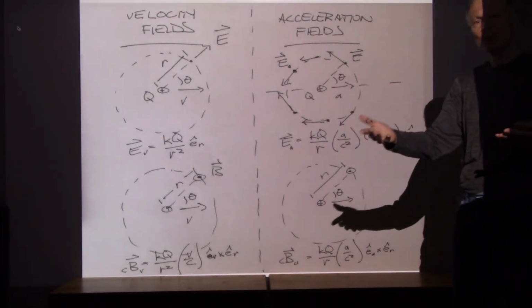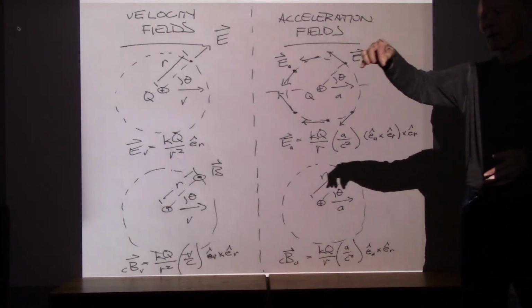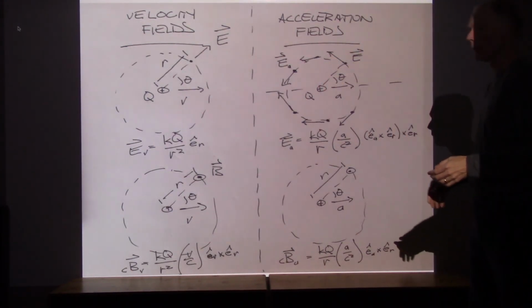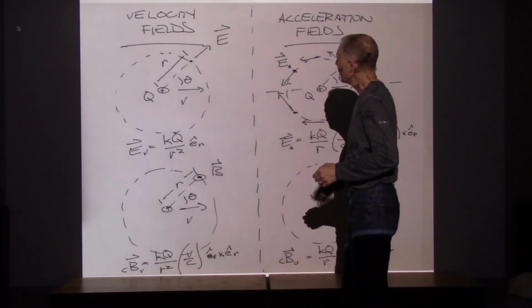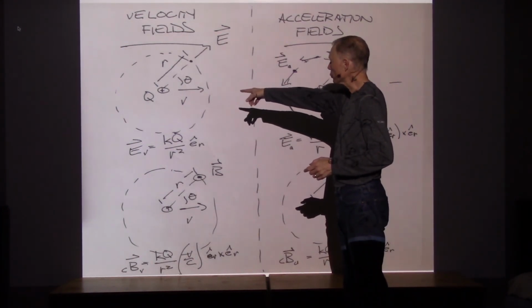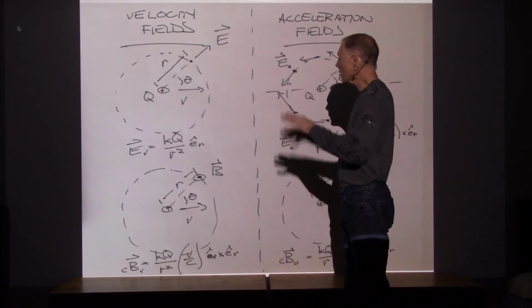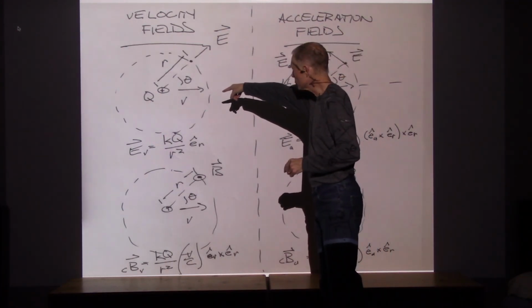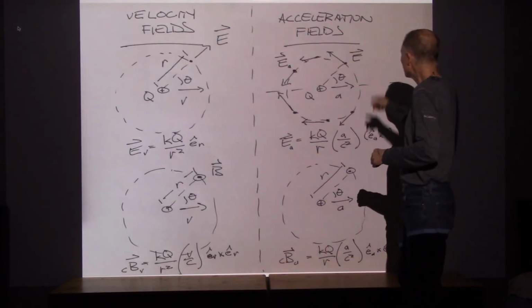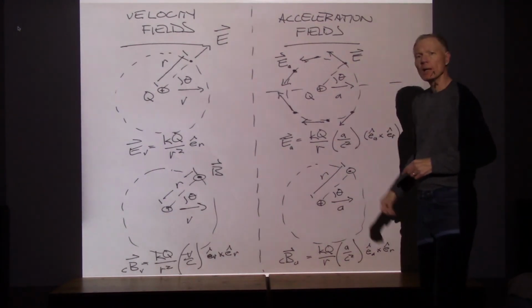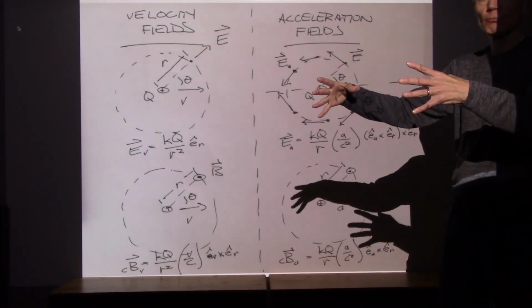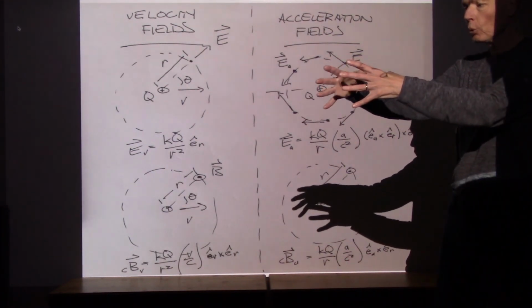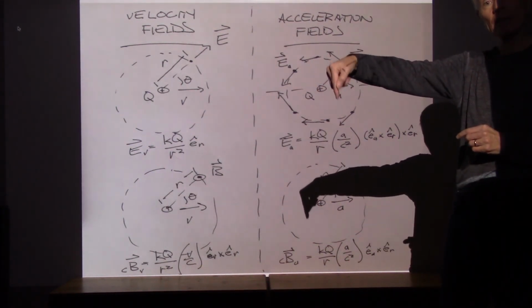So at each location that the charge passes through, this is the full-blown story for electric and magnetic fields. At every location that the charge travels through, we need to determine what its velocity was, what its acceleration was, and then all of the fields related to that point will propagate away from that location.